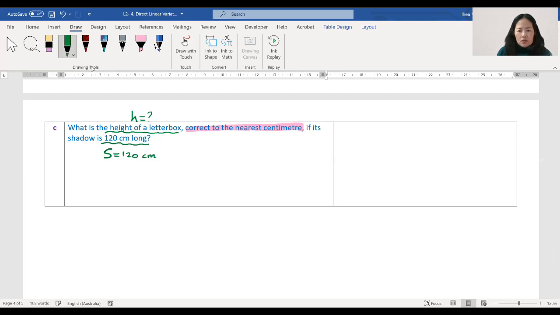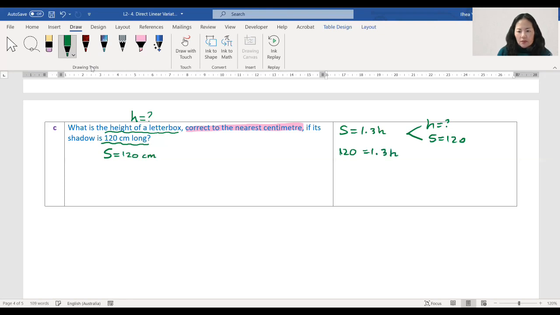The formula was S equals 1.3h. h we don't know. S was 120, so 120 equals 1.3h.